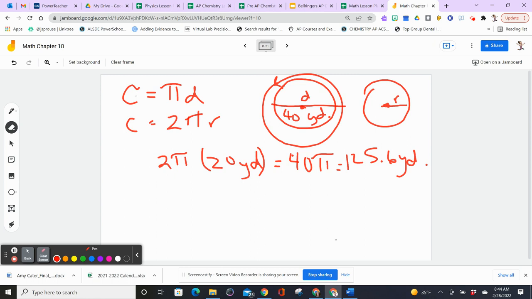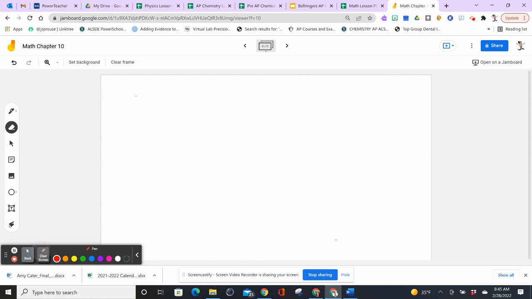All right, so now let's look at example 7 on that same page, 1051. It says, how much trim to the nearest tenth of a foot is needed to go around a window as shown? So let's clear this off. Here is our window, and it's an arch-shaped window.